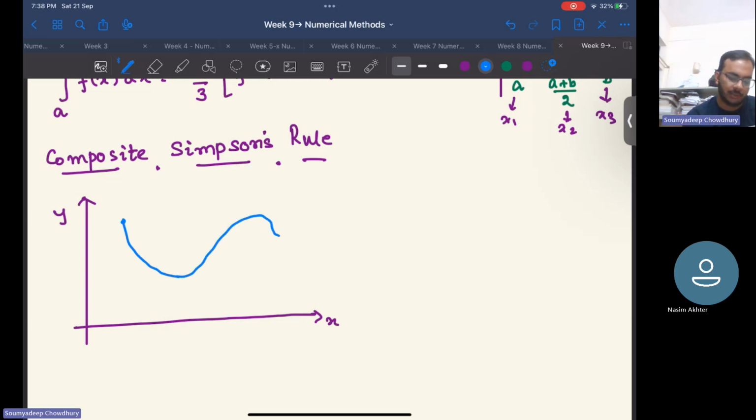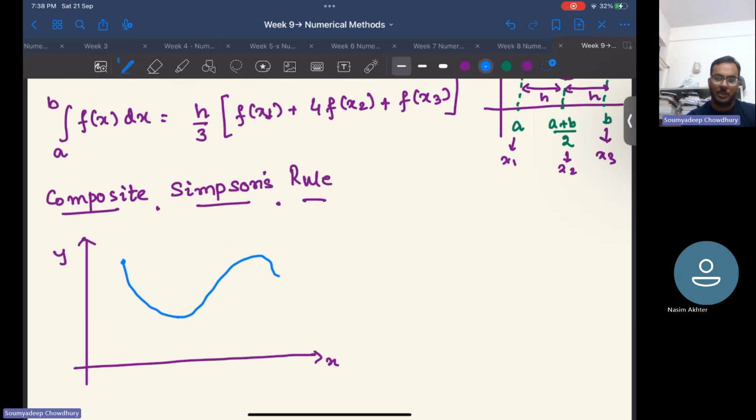We may not want to discretize into only two subintervals like I showed here, a, b, and (a plus b) by 2, because that is not accurate, right? As I told, the smaller you can make h, the more accurate your answer will be, because you get smaller subintervals, and within each subinterval the error between the approximated function and the actual function will always be less.